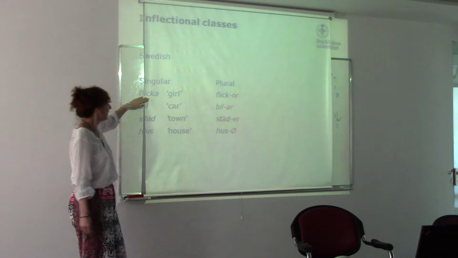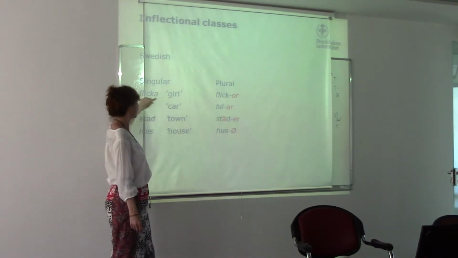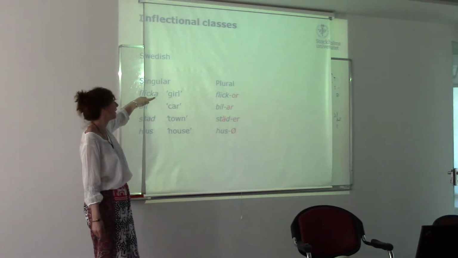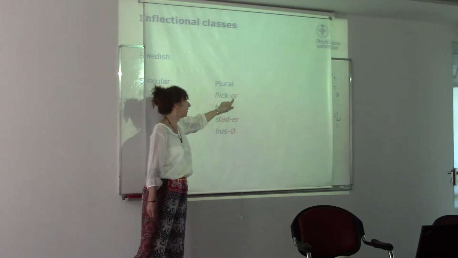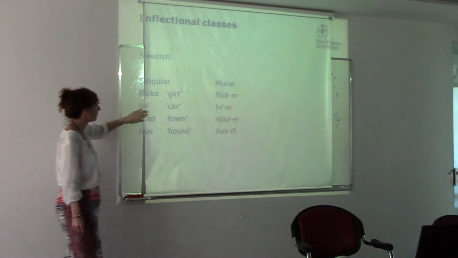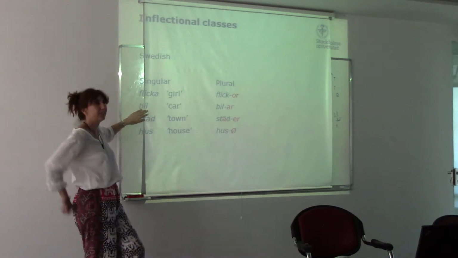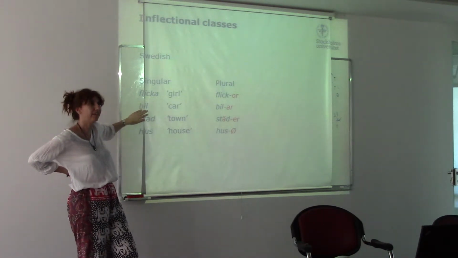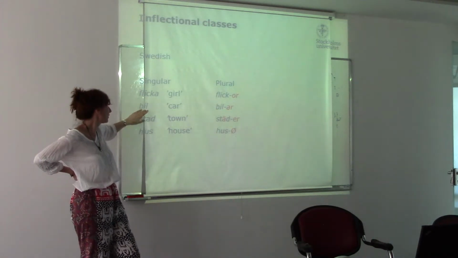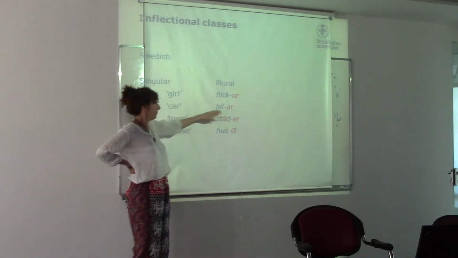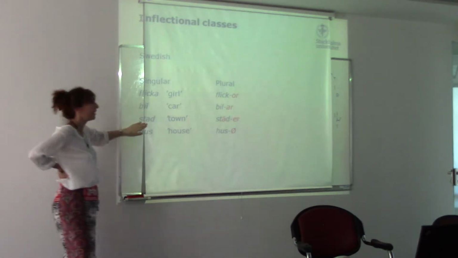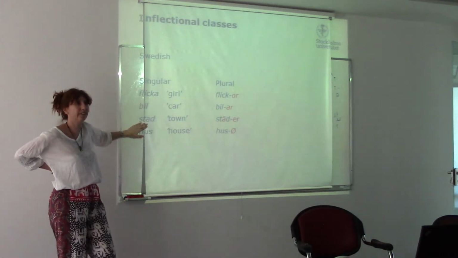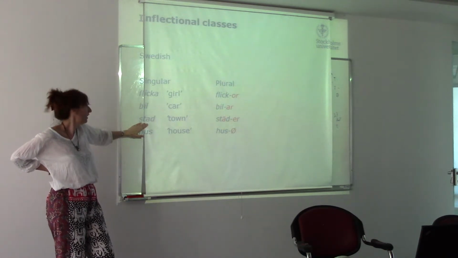But girl forms, like nouns ending in A, form their plural by or. Okay, we have a suffix. Nouns that are ending in a consonant and mainly monosyllabic, one possibility they have is to take an R. There are other nouns, which I didn't put in the exam because I didn't want to confuse you.